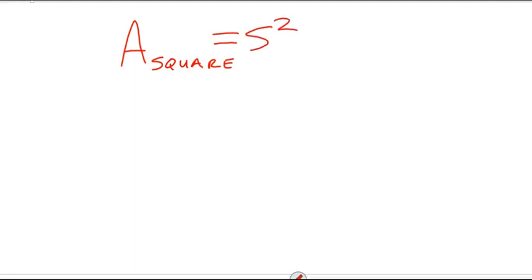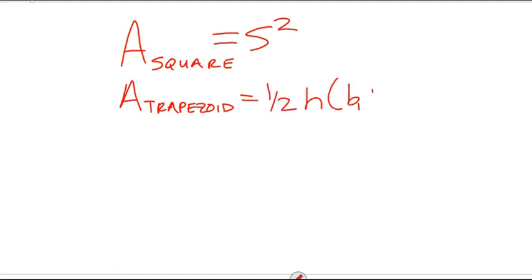So now I'm just going to remind you of the formulas that are not on the formula sheet. When we're talking about area, the area of a square is equal to the side squared. The area of a trapezoid, that one's also not on the formula sheet. This one's equal to 1/2 the height times base 1 plus base 2.